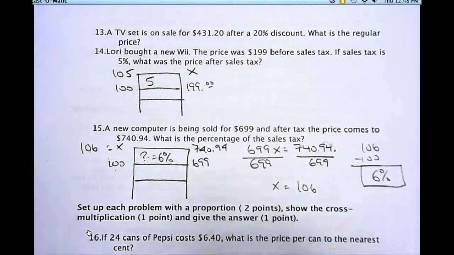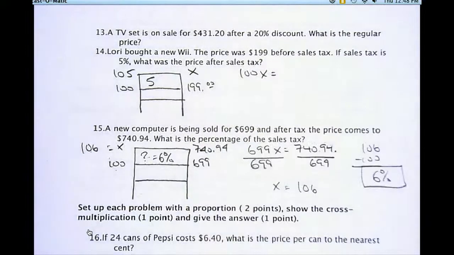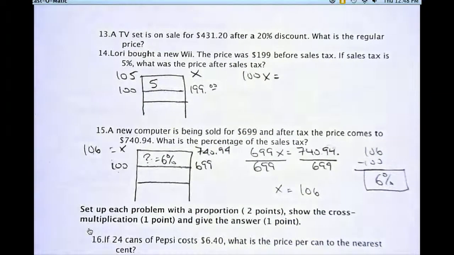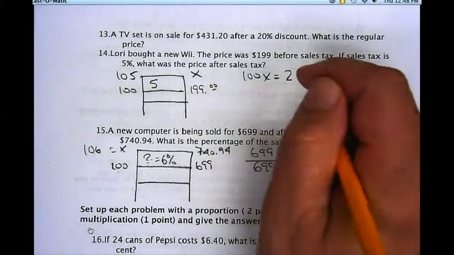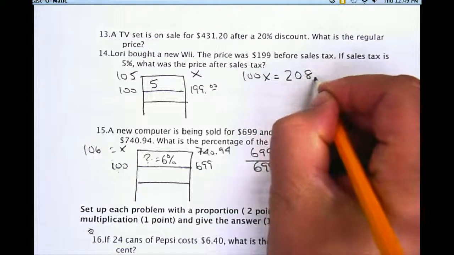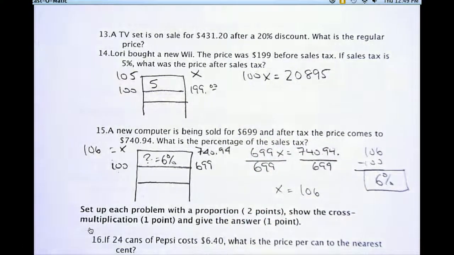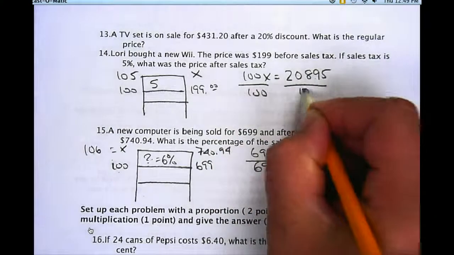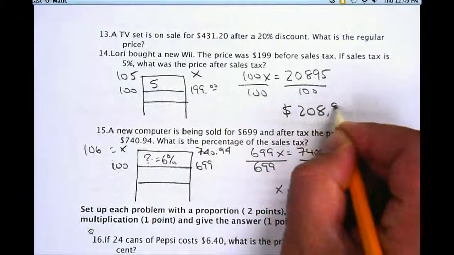I cross multiply: 100 times x has to equal 105 times 199. That's 20,895. Then I can divide both sides by 100. My price after tax for this one is $208.95.